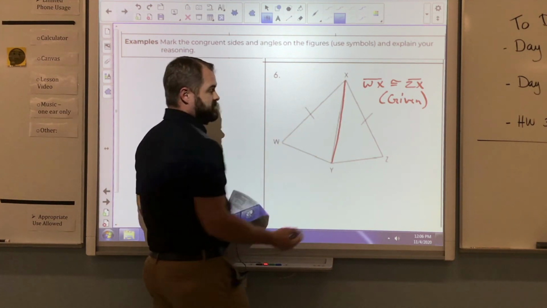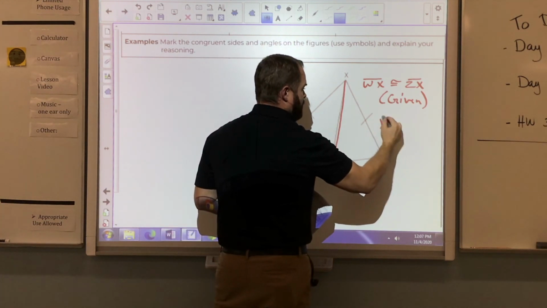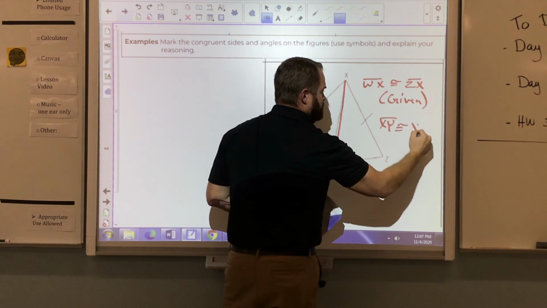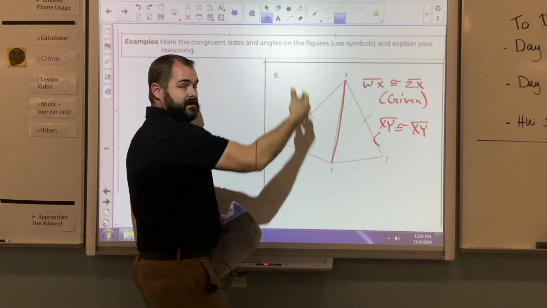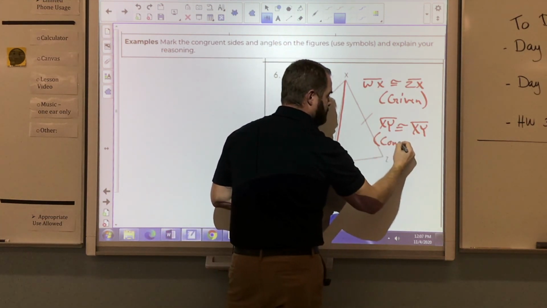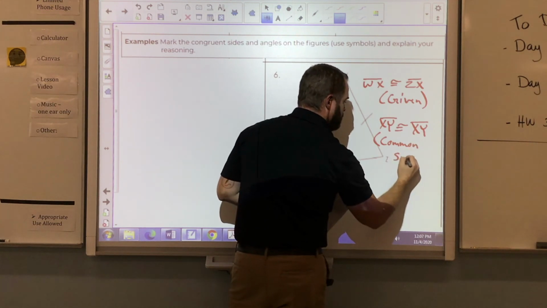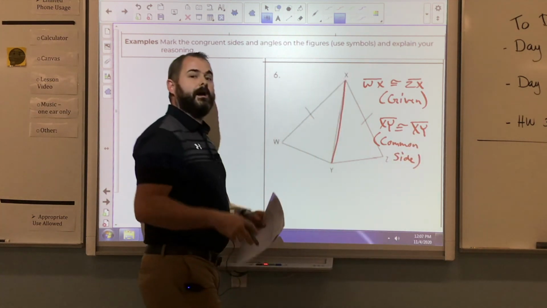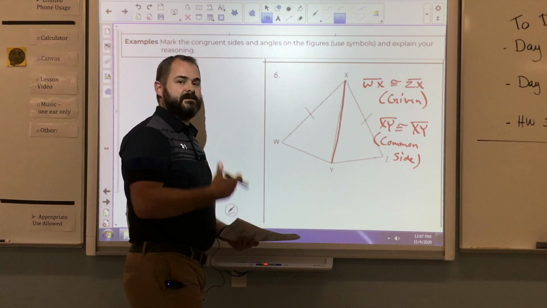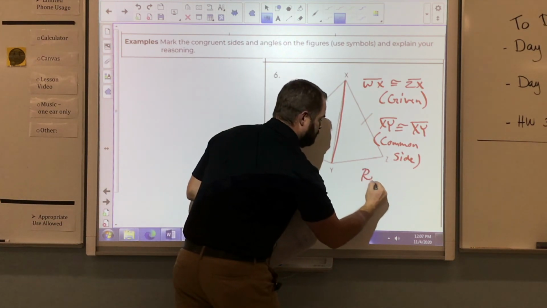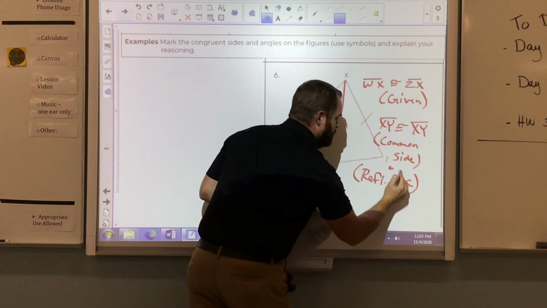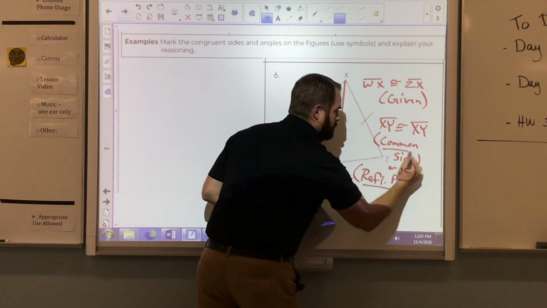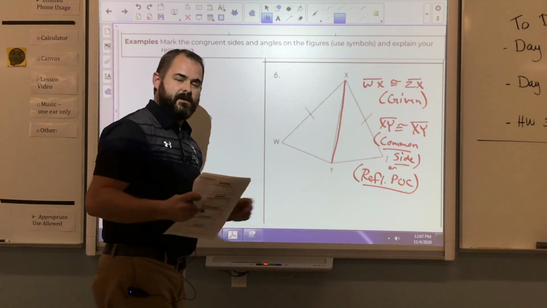So I can also say that XY is congruent to XY because they have that common side. Again, I could write common side, or I can, again, use the term reflexive property. Either one of those is fine. Doesn't really matter which one.